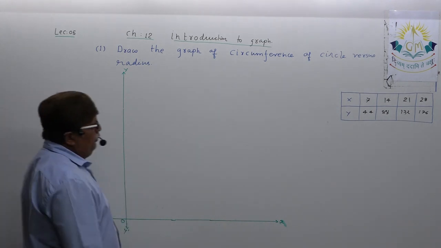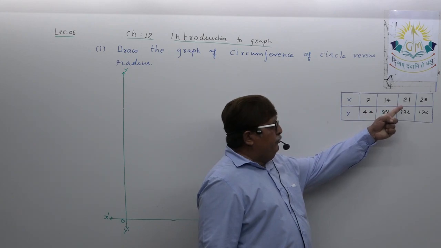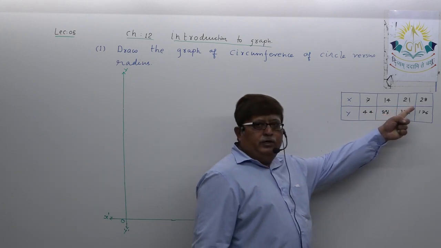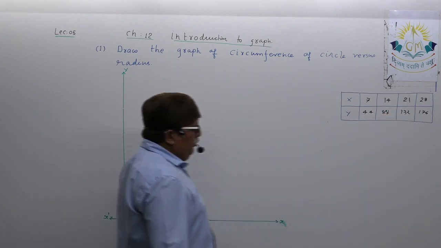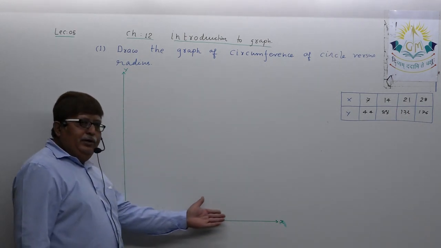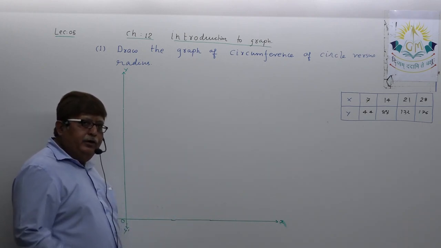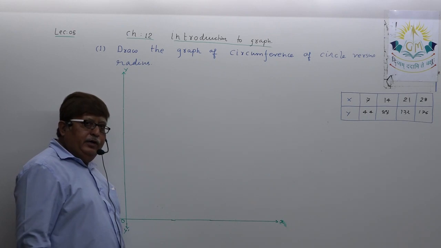Now see, dear student, on the x axis the maximum value is 28. There will never be availability of 28 boxes here, not possible at all.